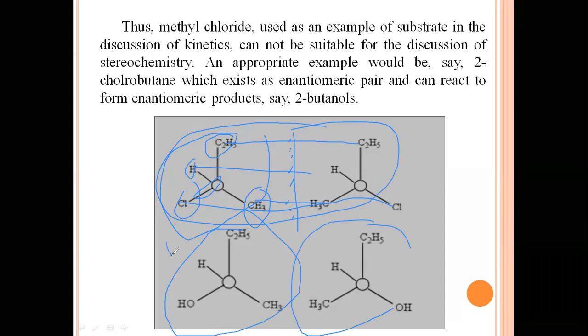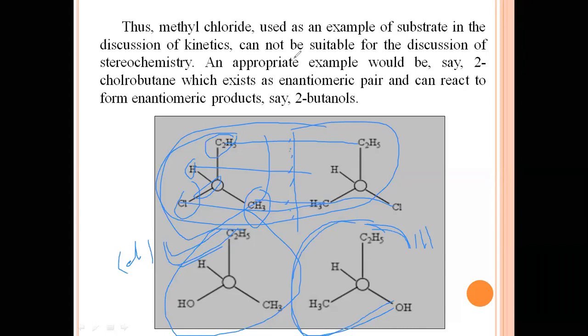That means if the first one is dextrorotatory in terms of its optical rotation, then this one will be levorotatory. That means the first one rotates the plane polarized light in the clockwise direction, and this 2-butanol rotates the plane polarized light in the anti-clockwise direction.